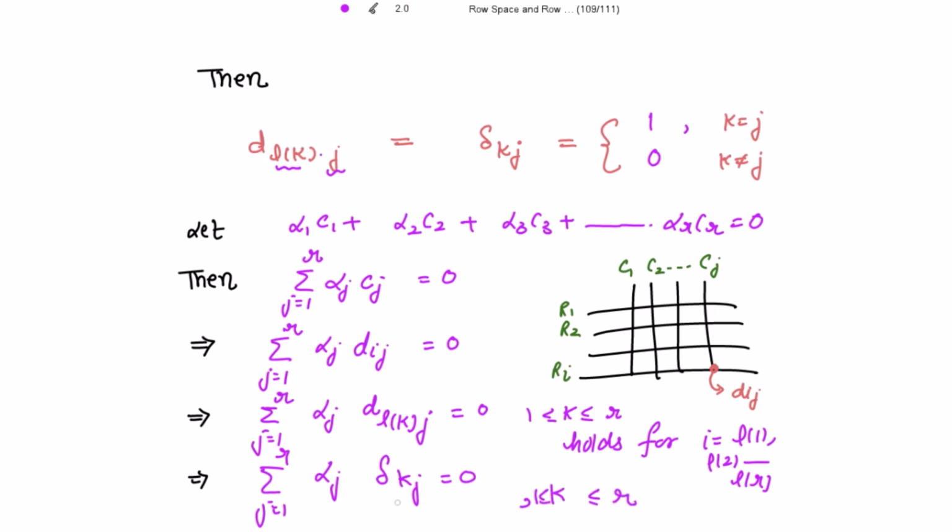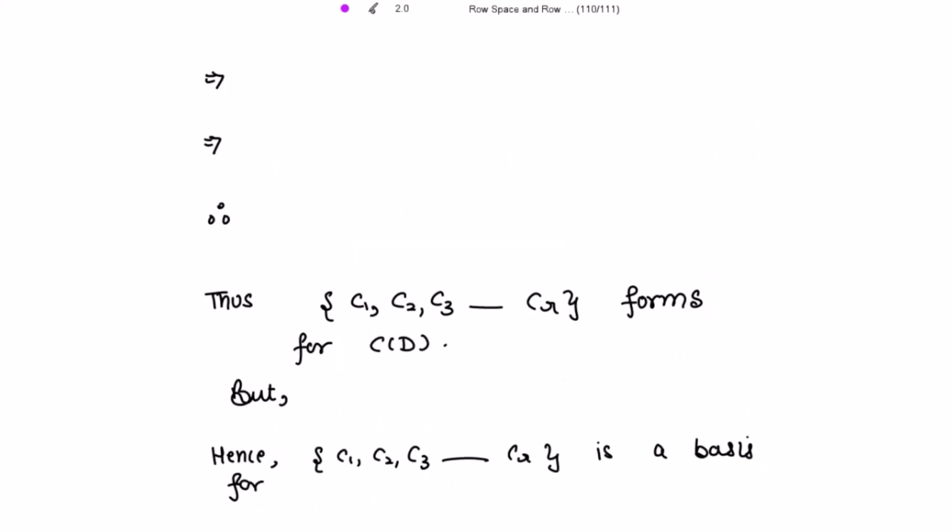And because for k lying between 1 and r, delta_kj is non-zero only when j equals k, this means alpha k must be 0 for the summation to be equal to 0. So this implies alpha k is equal to 0 for k equal to 1, 2, 3 up to r. So alpha 1 equals alpha 2 equals alpha 3, and so on, up to alpha r equals 0.